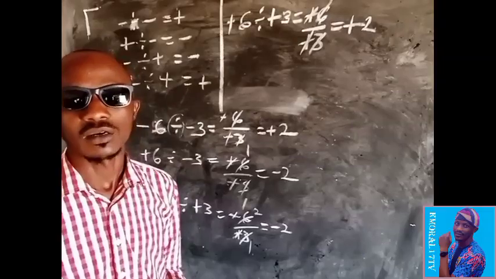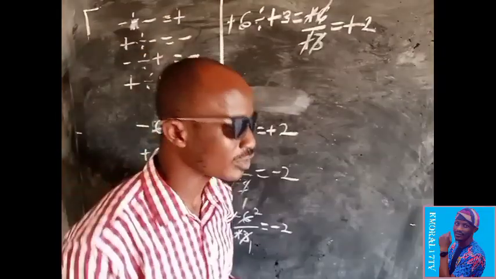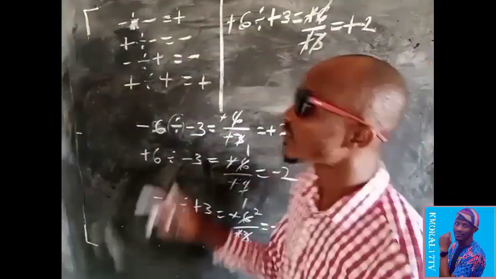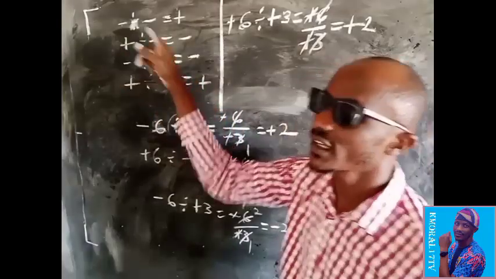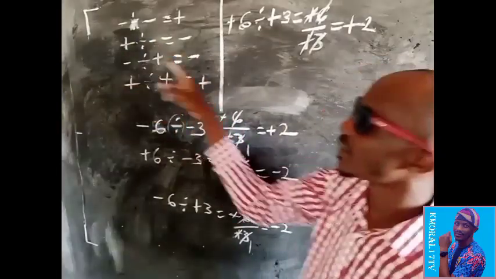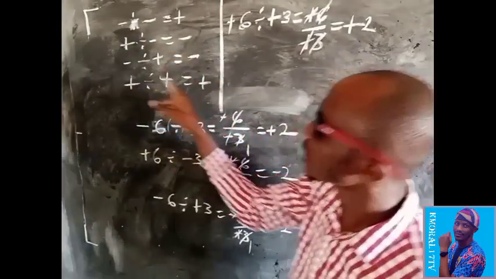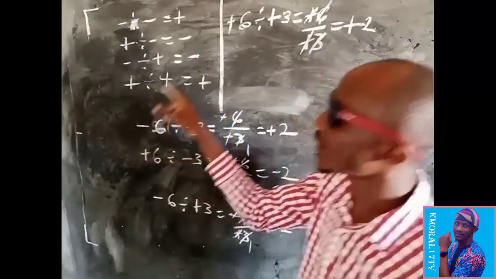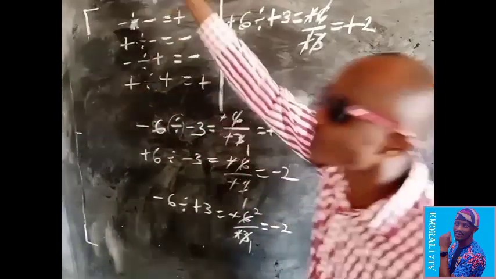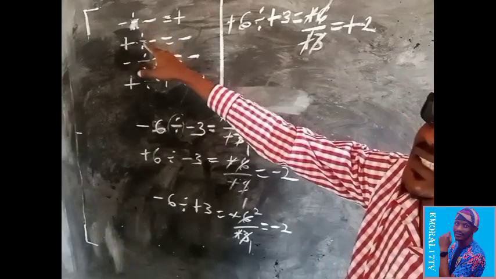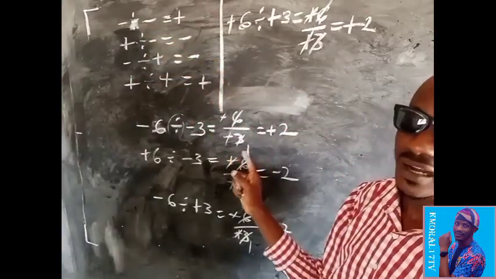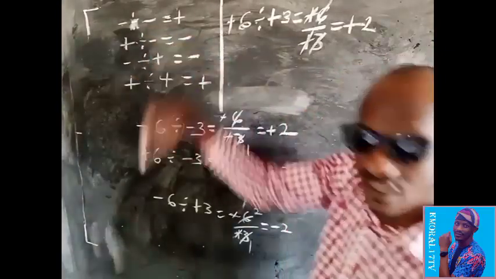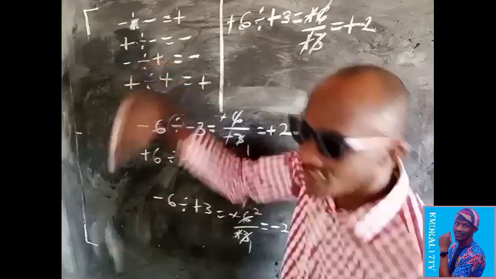However, for you to capture some things, like I told you, you have to put this thing in your brain. Minus divided by minus, plus divided by minus, minus divided by plus, plus divided by plus. It's still the same thing as minus times minus, the same answer. Plus times minus is the same answer. Minus times plus is still the same answer.